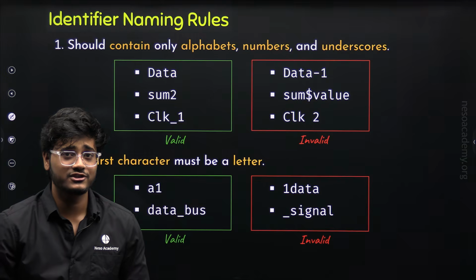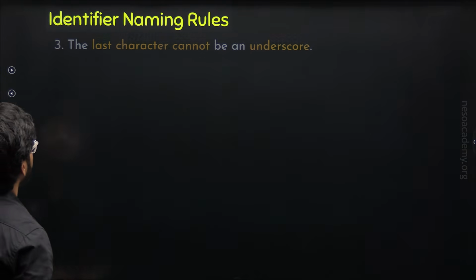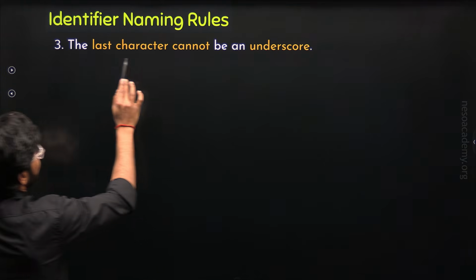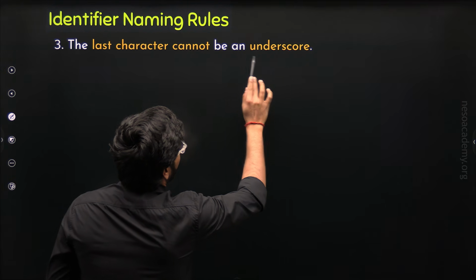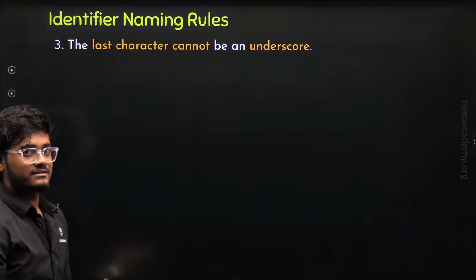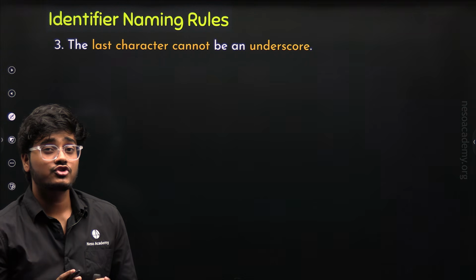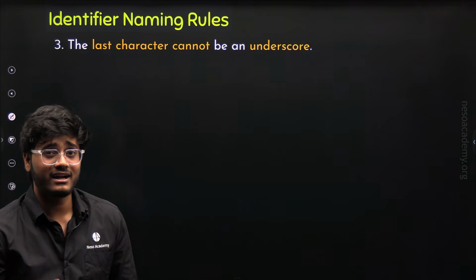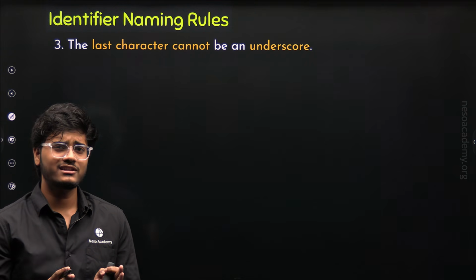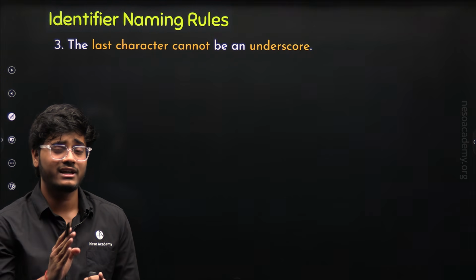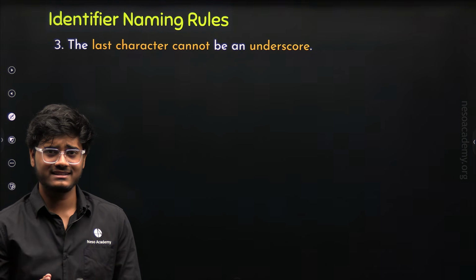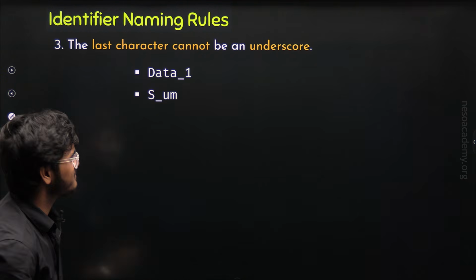Let's see the third rule, which states the last character cannot be an underscore. Means an identifier name should not end with an underscore. So, underscores are allowed but not at the end. Let's understand this using a few examples.